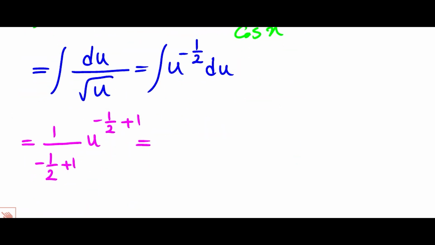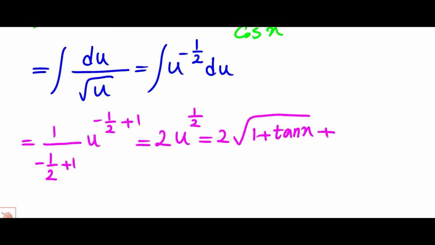So negative 1/2 plus 1 equals 1/2. So 1 over 1/2 equals 2, so we have 2u to the power of positive 1/2, or 2 times the square root of u, or 2 times the square root of 1 plus tangent of x, plus c.